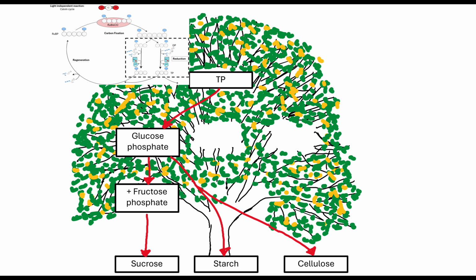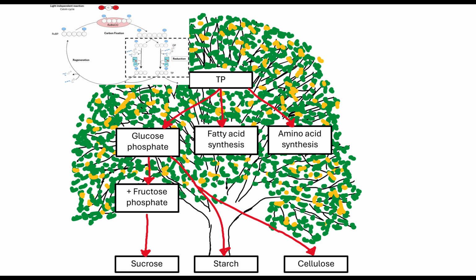So there are different ways in which the plant can use the triose phosphate that has been produced by that light independent reaction. It could be converted into fatty acids. So fatty acids could be synthesized and therefore you end up with your oils in your plants, or it could be converted into amino acids.